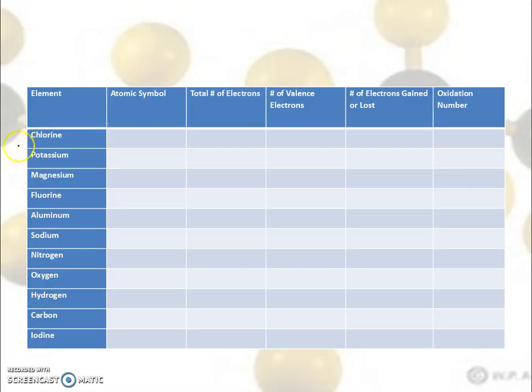Let's look at chlorine. The element symbol is Cl. The total number of electrons for chlorine, remember that's the number of protons, would be 17, because it's an atom, not an ion. How many valence electrons does it have? It's in group 7, or 17, so it has 7 valence electrons. If it was to lose or gain electrons to be like those noble gases it's next to, it would only need to gain 1 electron.